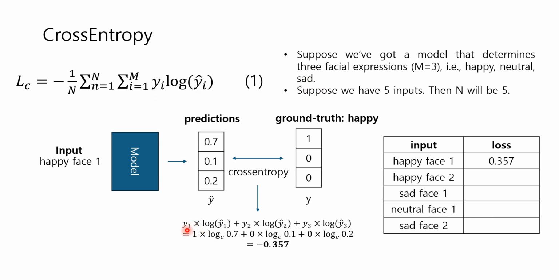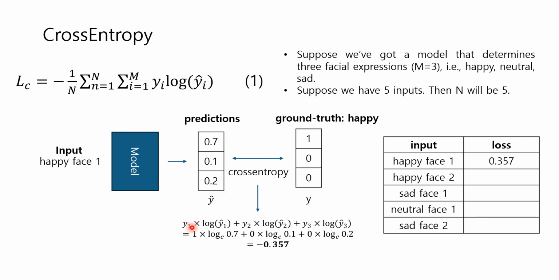So y1 times log of y hat 1, plus y2 times log of y hat 2, plus y3 times log of y hat 3. y3 is the third element of the ground truth vector, which is 0, and y hat 3 is the third element of the predicted vector.